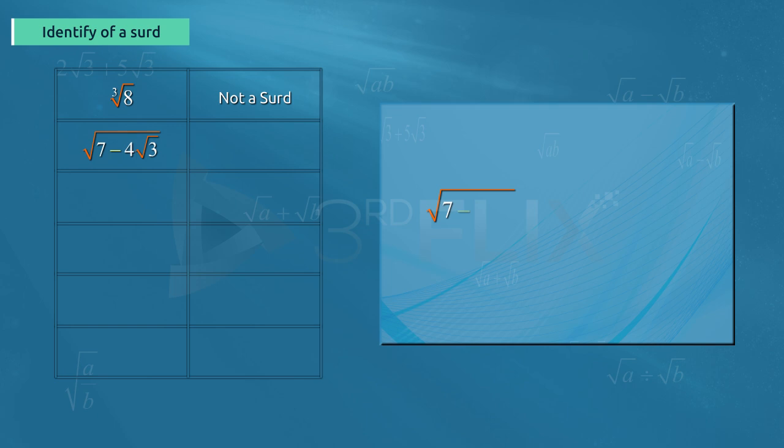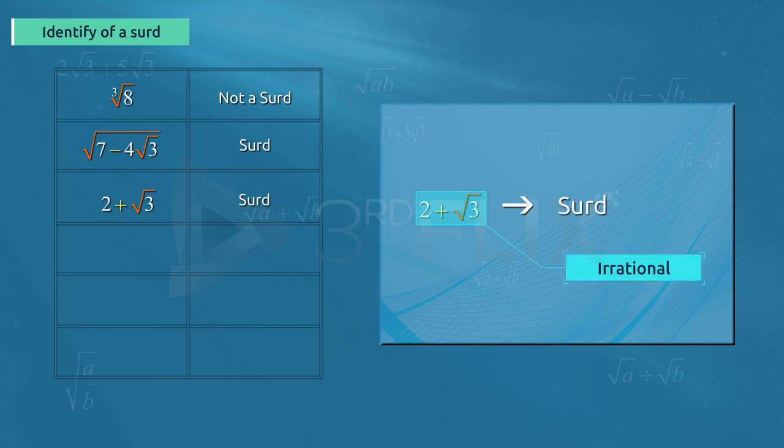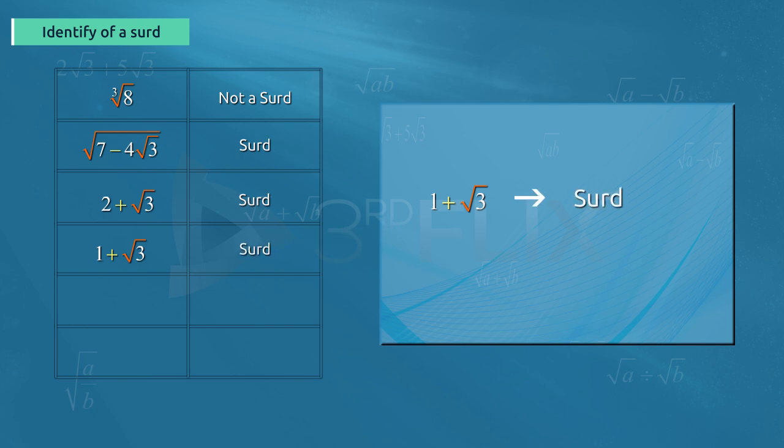Root of 7 minus 4 root 3 is a surd because the radicand is an irrational number. 2 plus root 3 is a surd because 2 plus root 3 is an irrational number. 1 plus root 3 is a surd because the radicand is an irrational number.